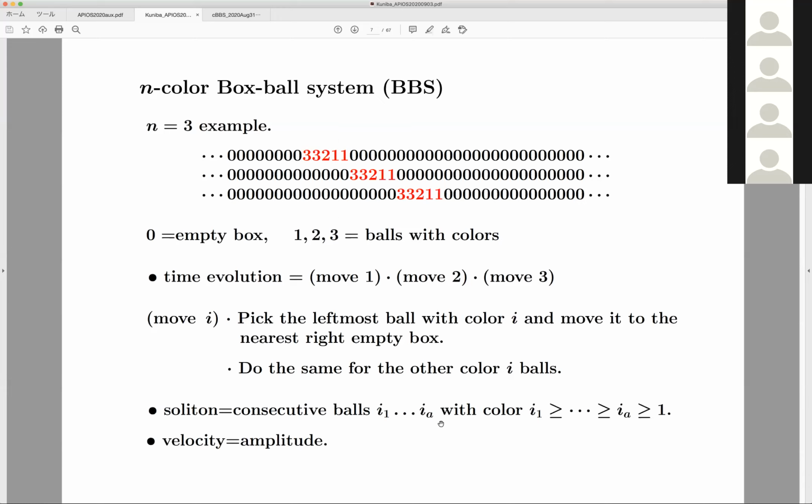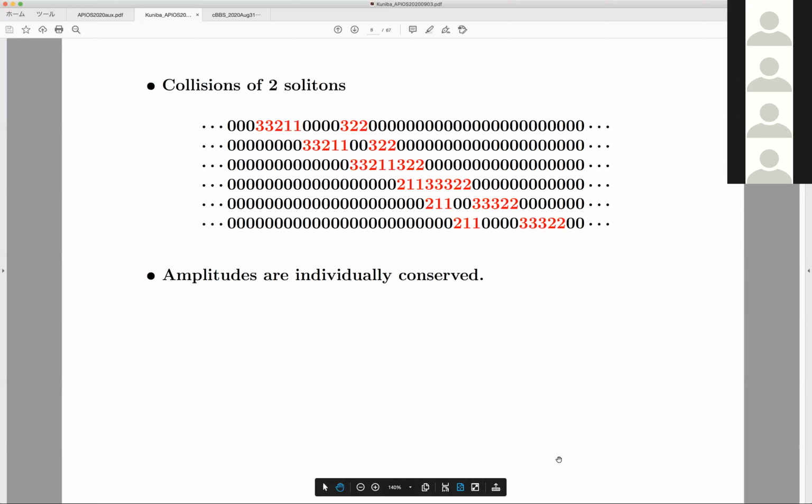If you look at this procedure carefully, it's not difficult to establish that if you have consecutive balls with colors satisfying this inequality, then they behave like solitons in this manner, and the velocity is nothing but the amplitude. You can let them collide. The bigger solitons are faster, as in real solitons, so they eventually collide, but they nicely come back with the original amplitudes, 3 and 5.